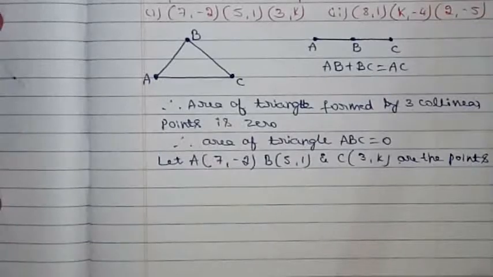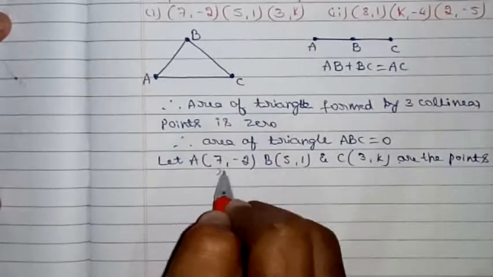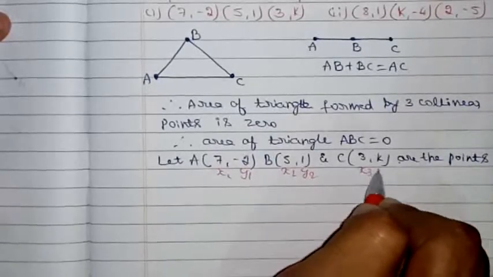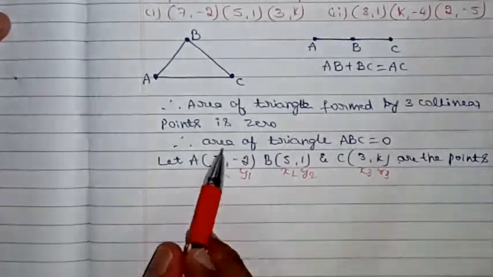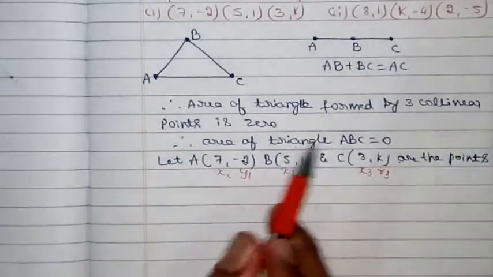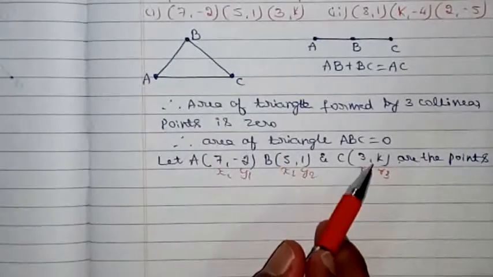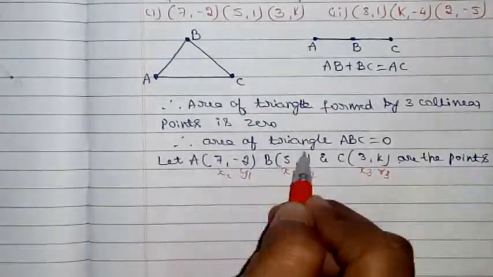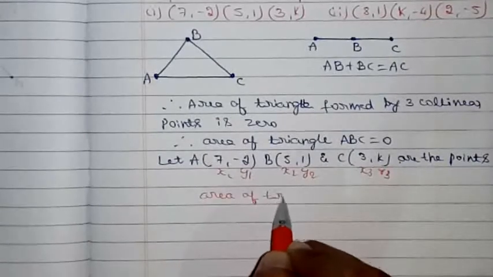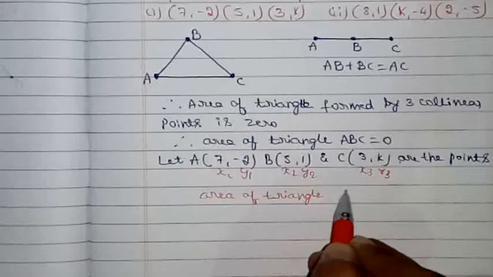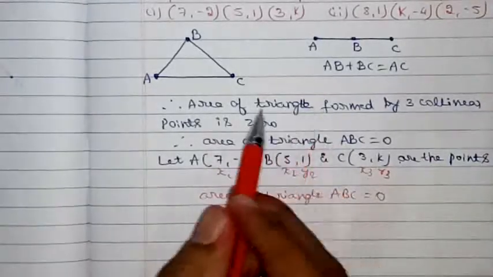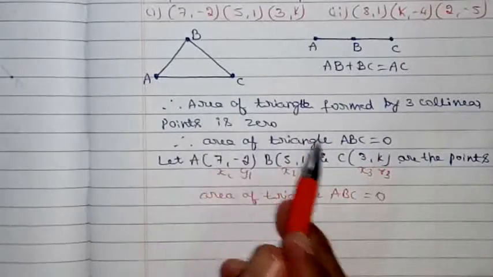As usual, write down the first one as x1 y1, x2 y2, and x3 y3, and by using the area of a triangle formula and this condition, find the value of k. So area of triangle ABC is equal to 0, because the area of a triangle formed by 3 collinear points will be 0.